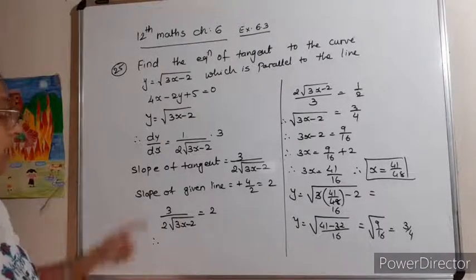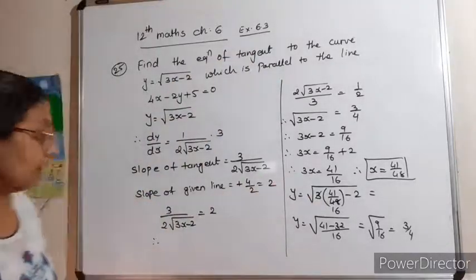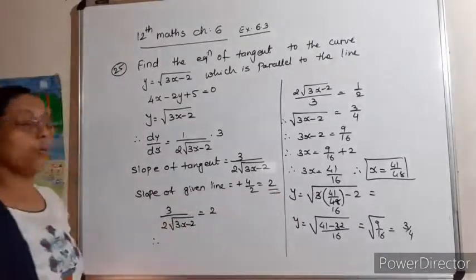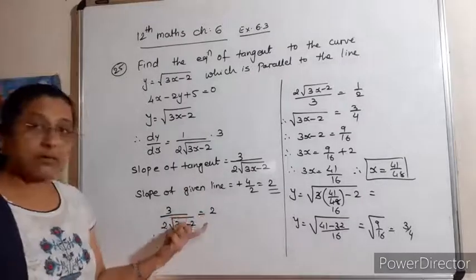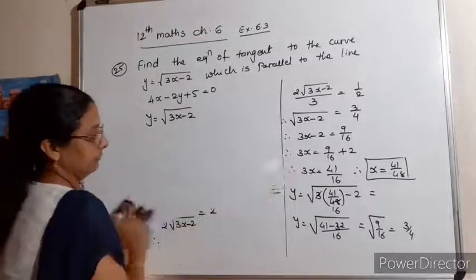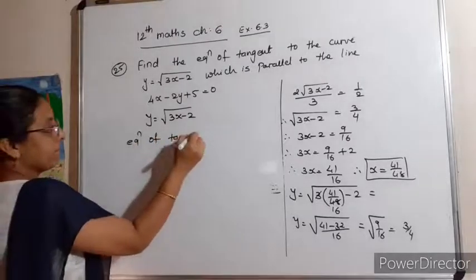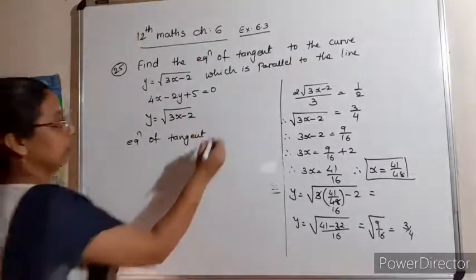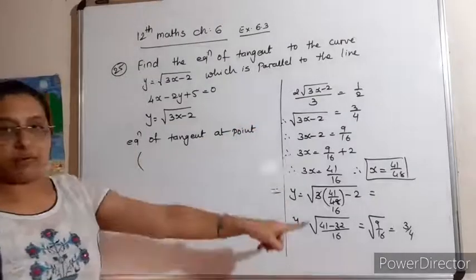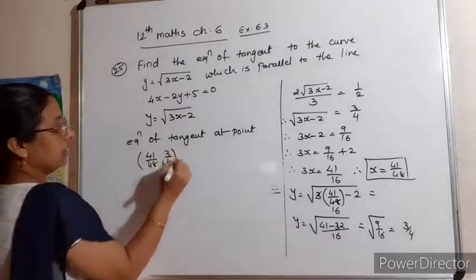Yes. Then we want to find the equation of tangent at the given point. So in the equation of tangent, the slope of the tangent is here. The slope of the given line will be the slope of the tangent. Both are equal. We know that. So now we will write the equation of tangent, and the point x and y, that is 41 by 48, 3 by 4.